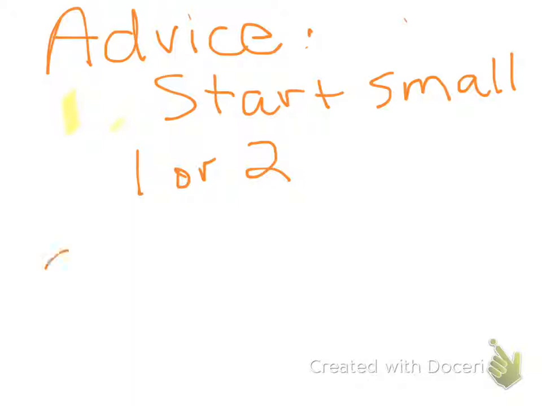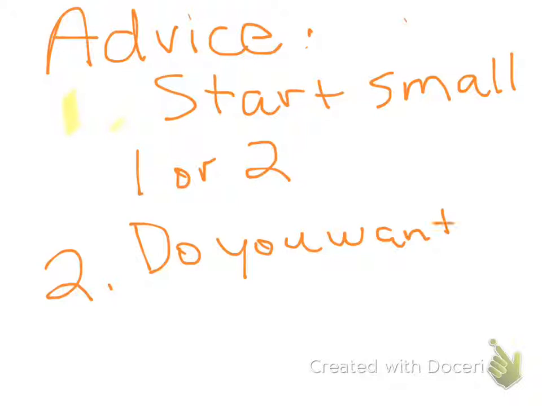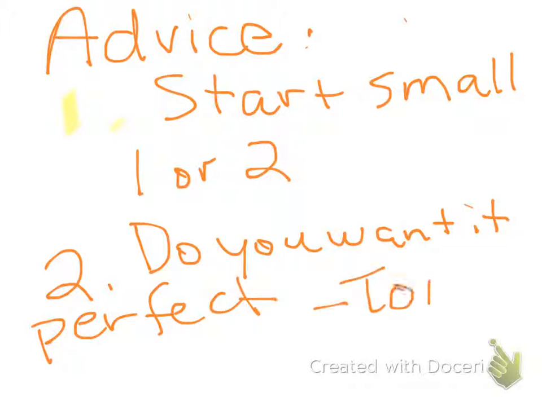The second piece of advice, and this is kind of our motto, remember that it's okay to make mistakes. Our motto is, do you want it perfect? Or do you want it today? We go with getting things ready today.